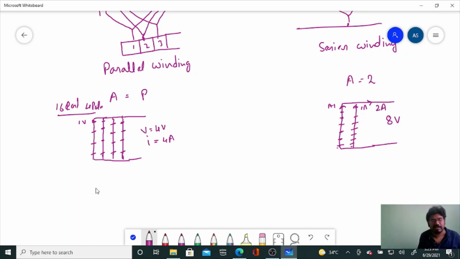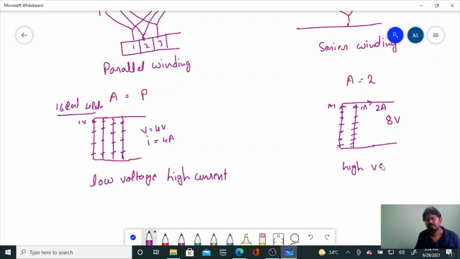So lap winding is called low voltage, high current winding, and wave winding is high voltage and low current.